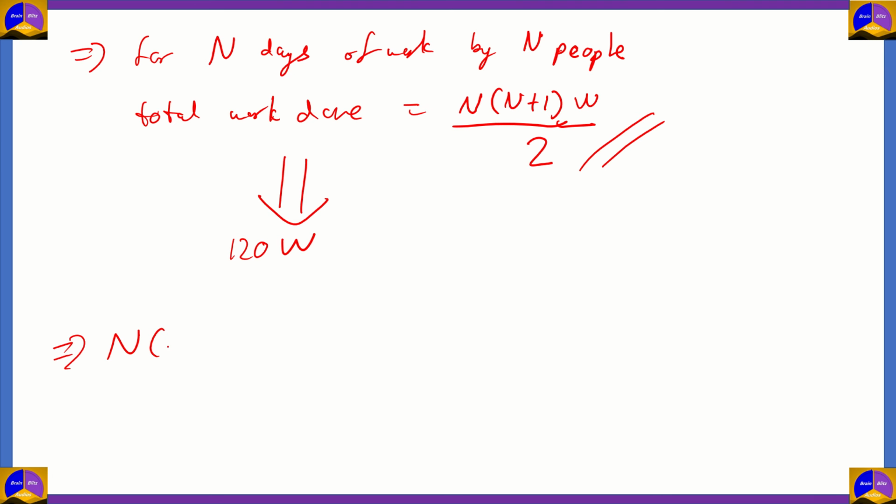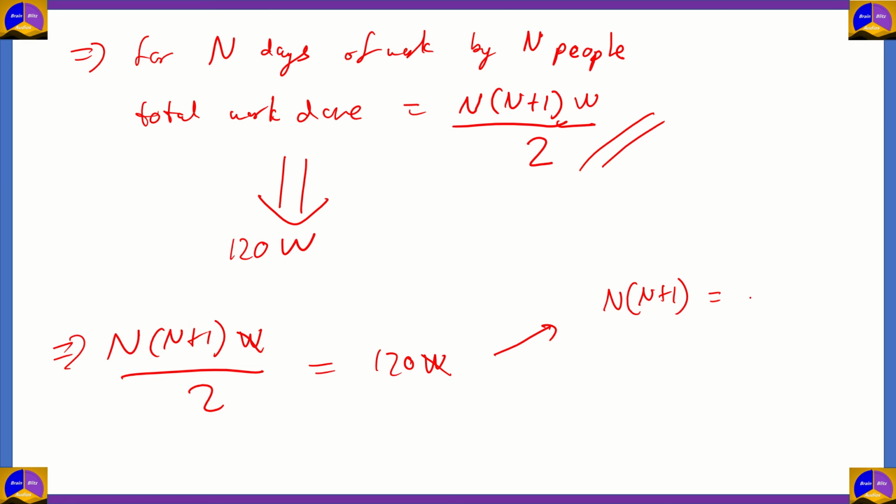So n times n plus 1 times W over 2 gives you 120W. Since W is present on both sides, we can cancel that. Now that means n times n plus 1 gives you 240. 120 times 2 is 240.